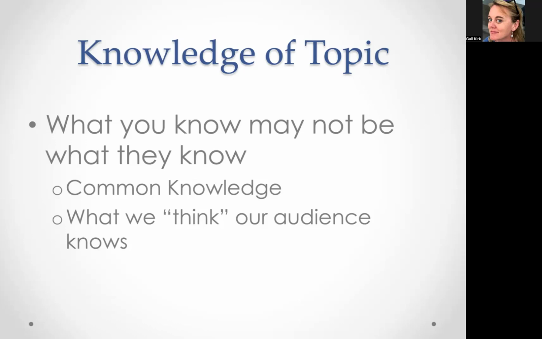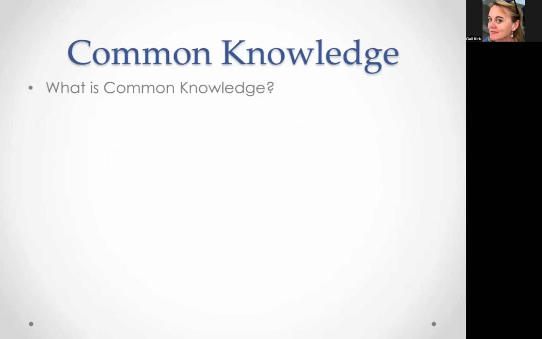We like to pass around this idea of common knowledge, right? Common knowledge, it's a little bit of a misnomer. Common knowledge is something known by most people, something known as a mutual knowledge in a group of people. However, not all people know the same things, especially when it comes to cultural understandings.